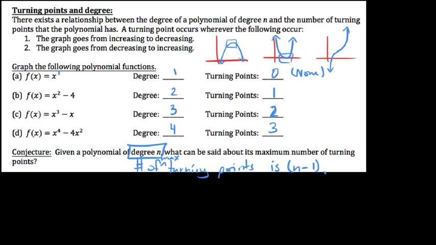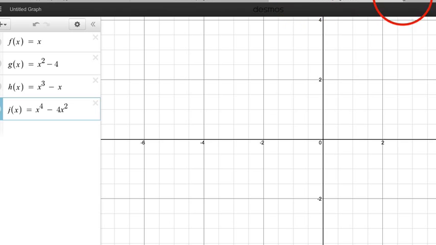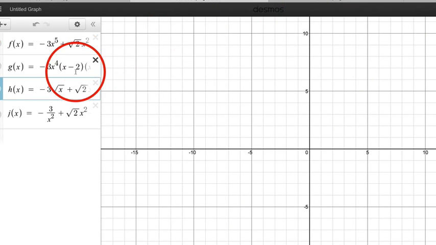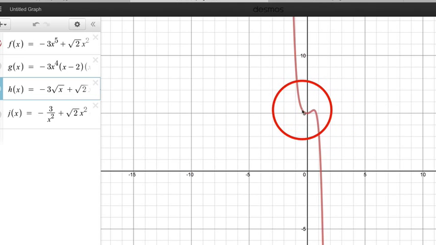So as we go back over to, say, Desmos here, I'm looking at some functions that I had typed in earlier, something like this fifth degree polynomial here. But I noticed that it has just two turning points on there. So when we say it has at most 1 less than the degree in turning points, this is fifth degree, and so it would have at most 4 turning points on the graph.